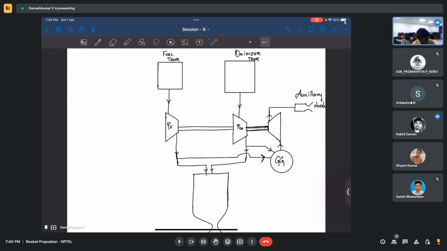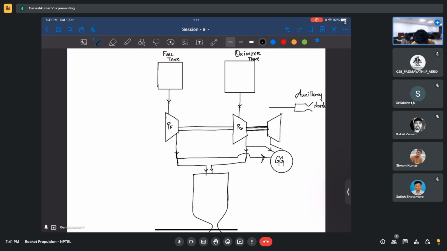Okay, and for the turbine, should the input and output be in different locations? The input should be on the smaller cross section, right? Oh, okay, yeah, that is true. Because you are expanding it, yeah, true.